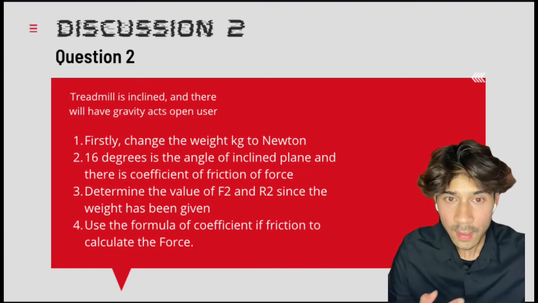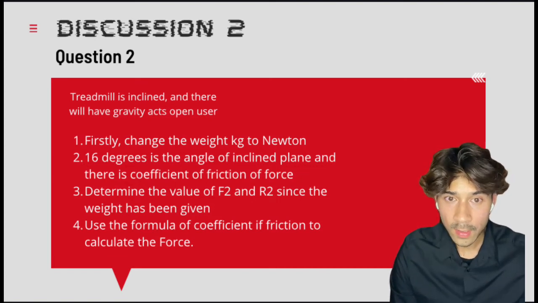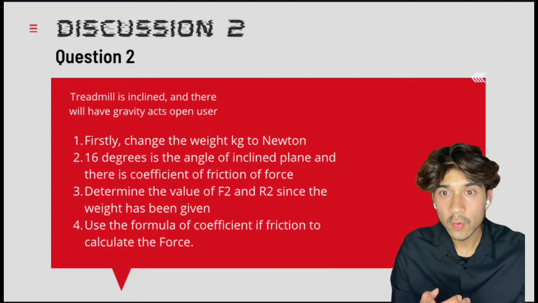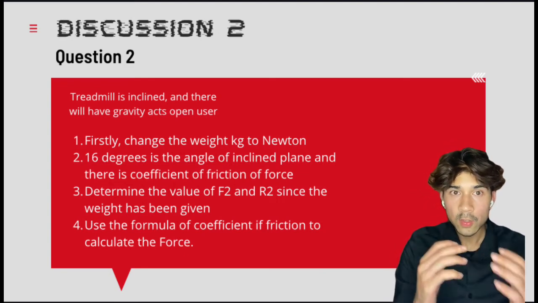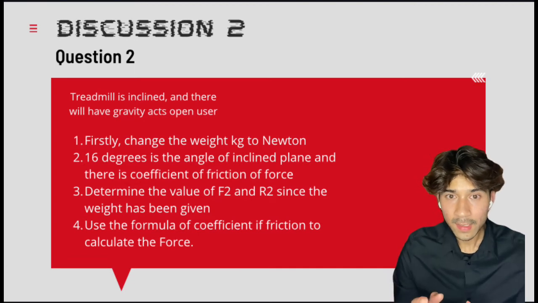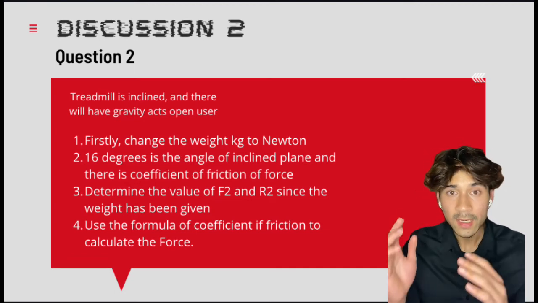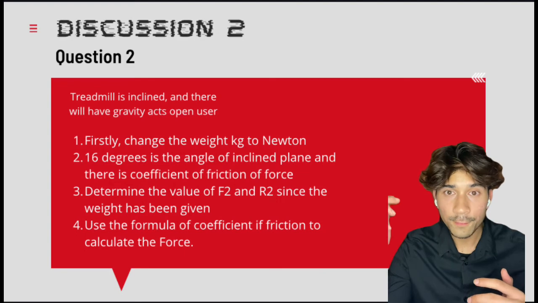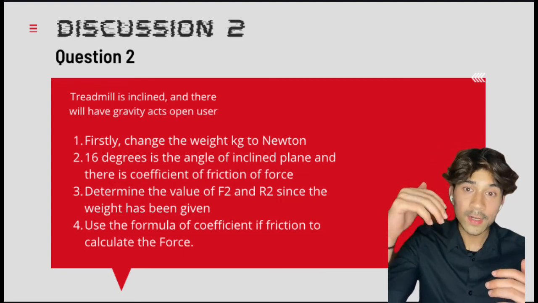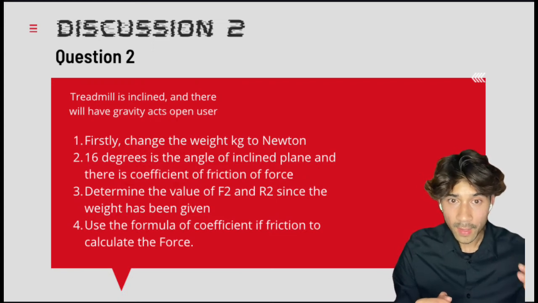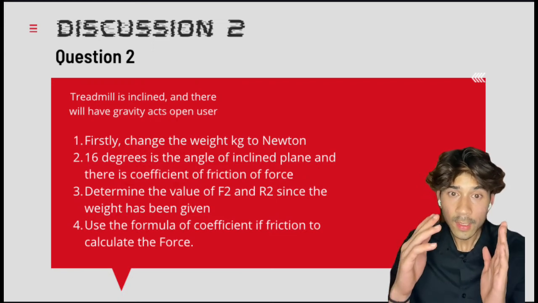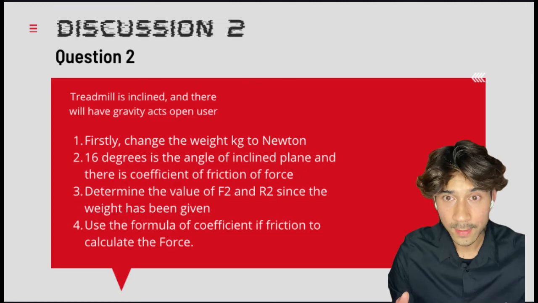After getting the value for the weight, we have to calculate the coefficient of friction. The inclined plane is at 16 degrees and it will have a coefficient of friction that acts on the inclined plane, and also the force acting downward upon the user, the runner.